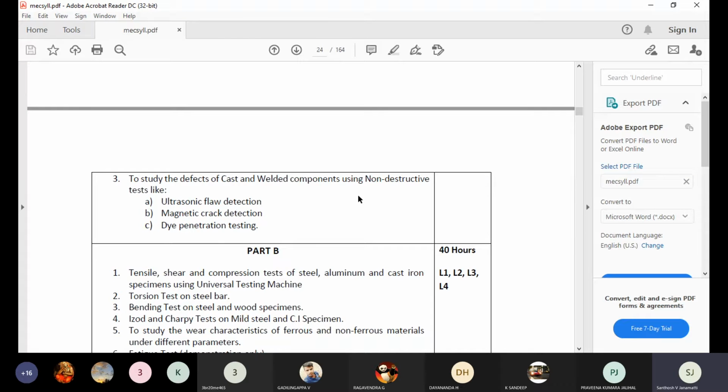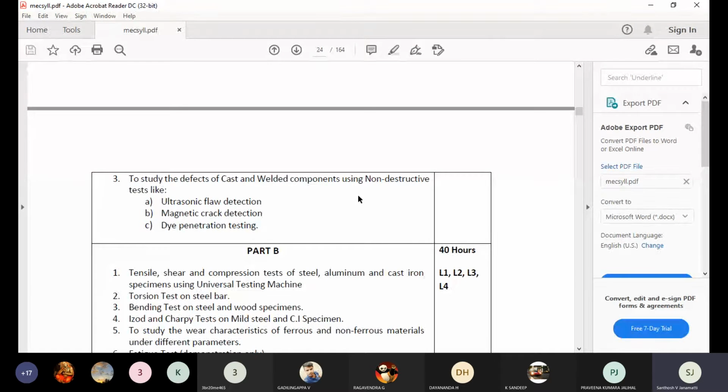There will be a lot of difference between destructive and non-destructive testings. Destructive testing means we need to break the samples, or damage, or harm the samples, otherwise we will not get their strength.